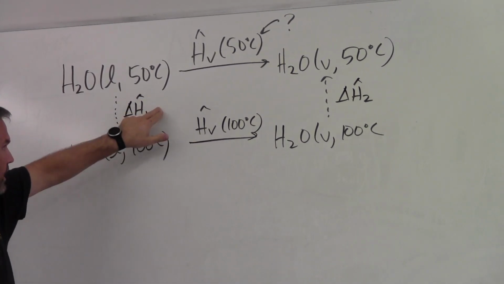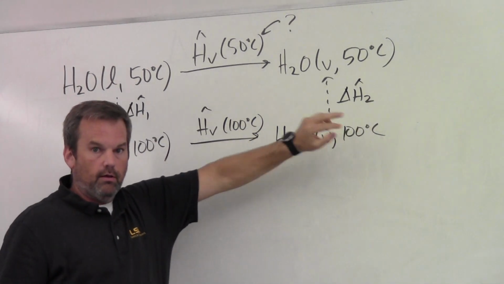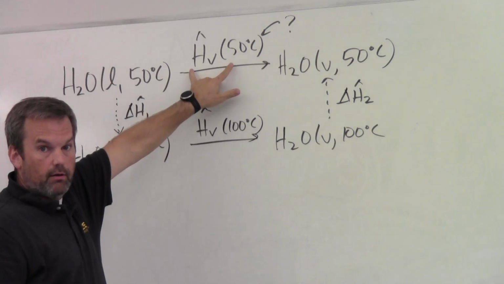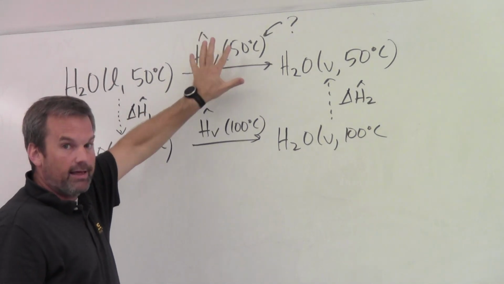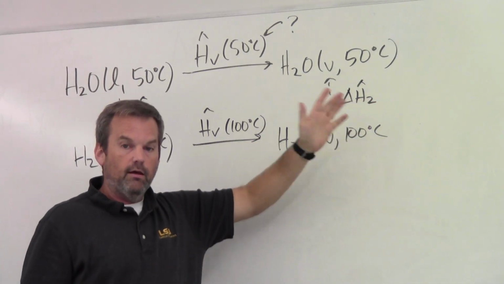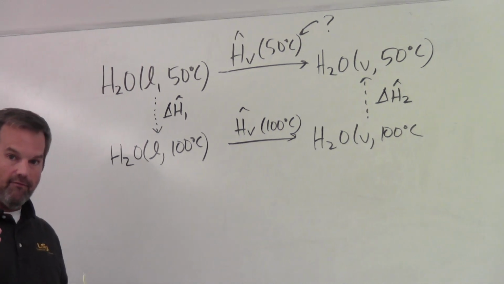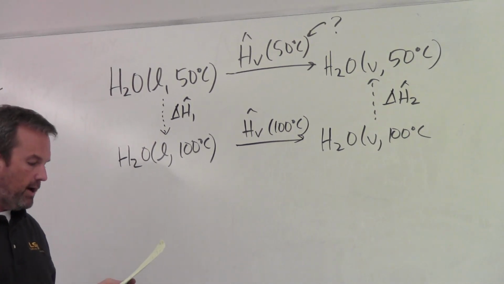And if I add H1 plus HV plus H2, that's going to give me this value up here. Again, this is the real value, but I can't calculate it. But I can calculate all three of these pretty easily. I add them together, it's going to give me that value. That's the beauty of a state function, that you can use these imaginary pathways.